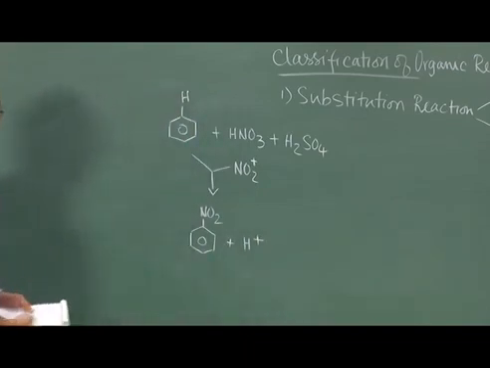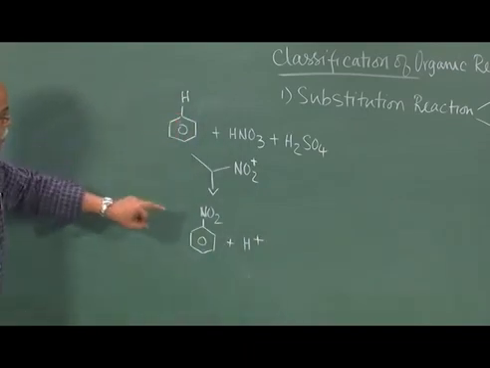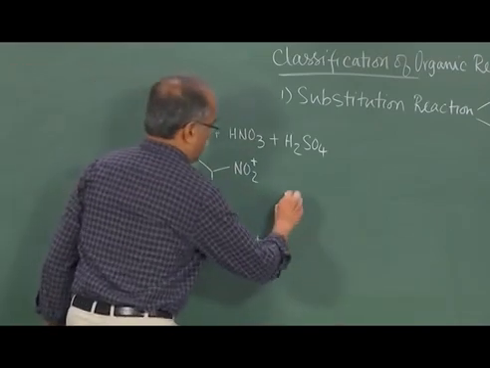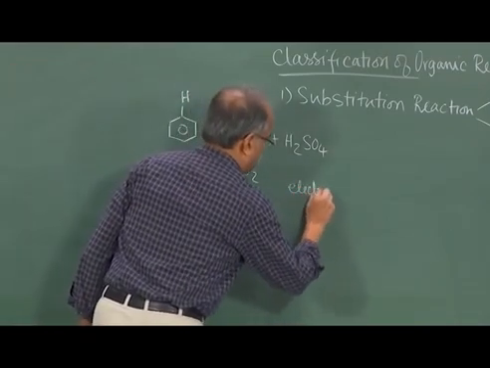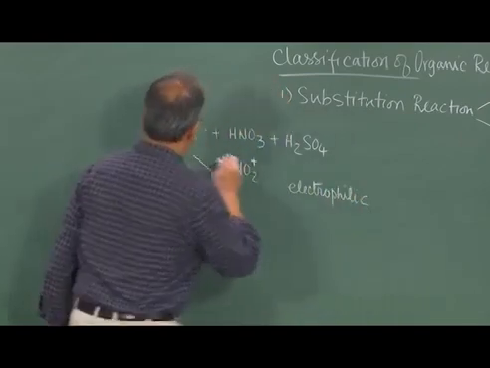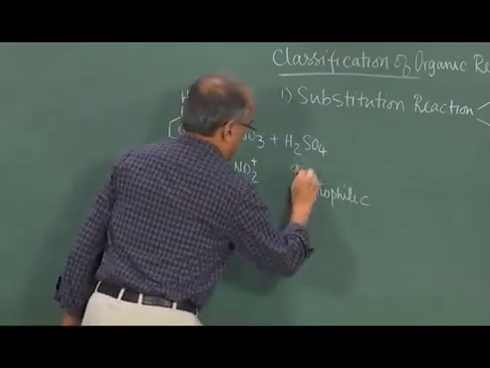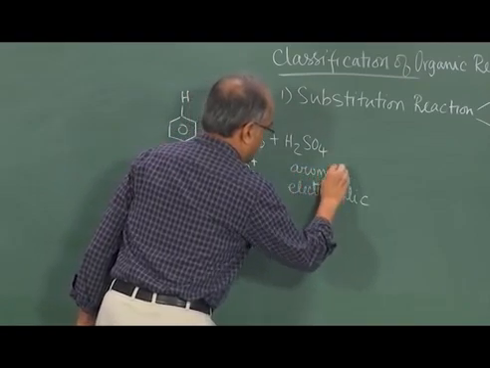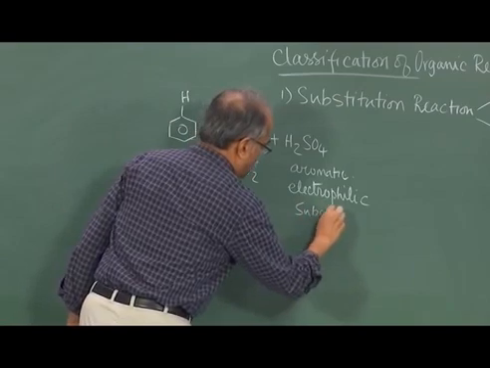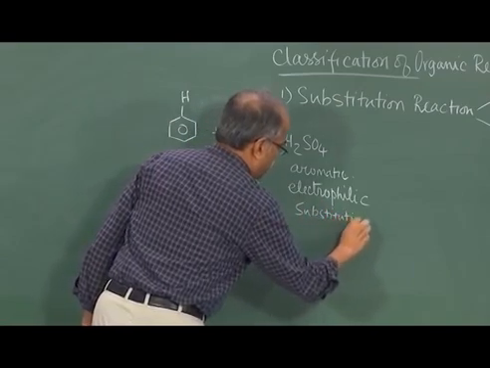So, you can see here the hydrogen is substituted by an electrophile. So, this is an electrophilic substitution reaction. Because it is carried out on an aromatic substrate, it is an aromatic electrophilic substitution reaction.